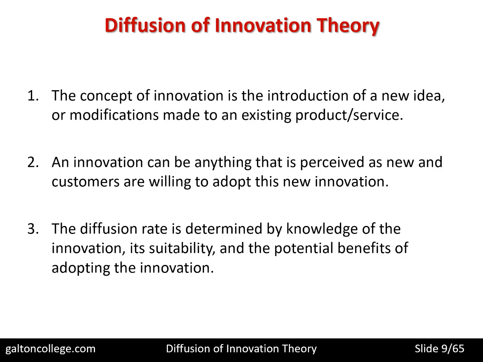So diffusion rates are determined by the advantages, the net advantages of the innovation. And the greater the net advantages of the innovation, the faster the innovation will spread. It'll be diffused at a larger rate.